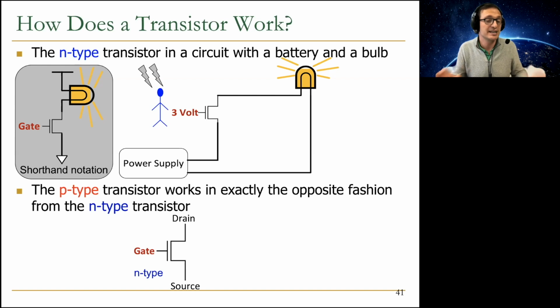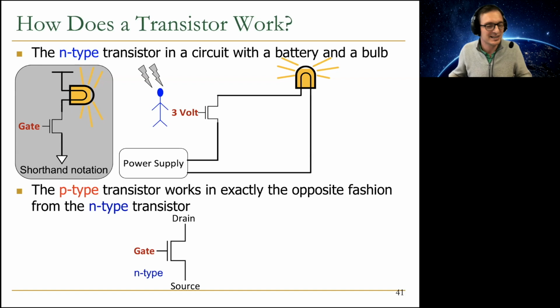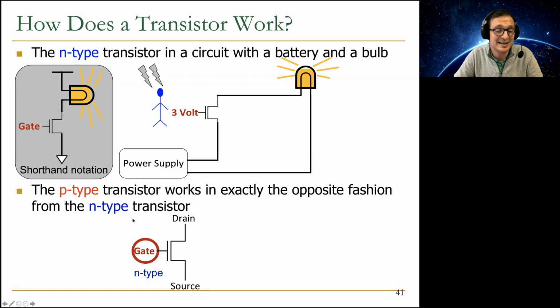The reason we have two types of transistors, and we're going to use two types of transistors to build logic circuits, is because in the technologies that we're dealing with, N-type transistors are not good at conducting high voltages, whereas P-type transistors are not good at conducting low voltages. We will see this in a little bit. But essentially, the key to realize over here is that P-type transistors operate exactly the opposite way.